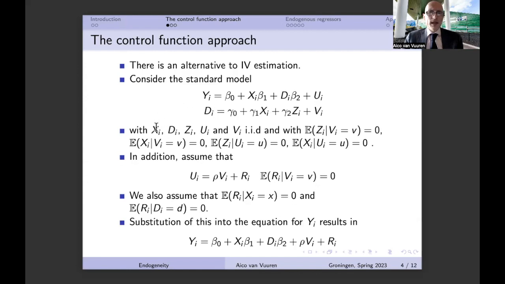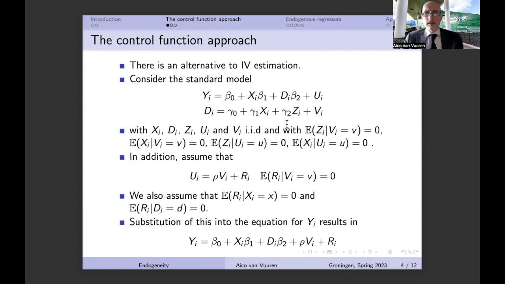We're going to assume that x, d, z, and u, as well as vi, are IID. In addition, I'm going to assume that z is uncorrelated with v, x is uncorrelated with v, and z and x are also uncorrelated with the u that we have over there.